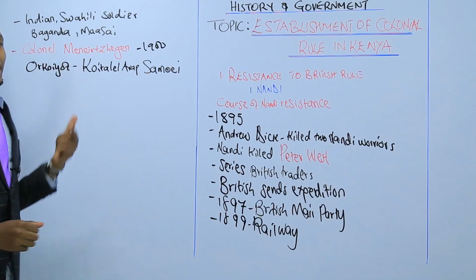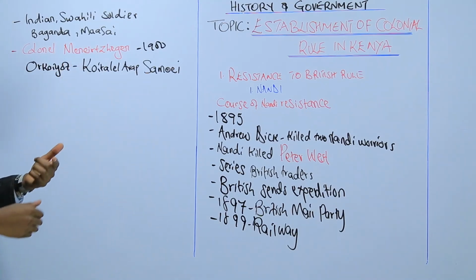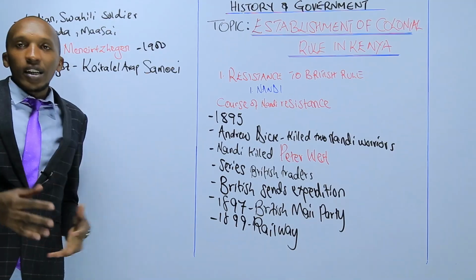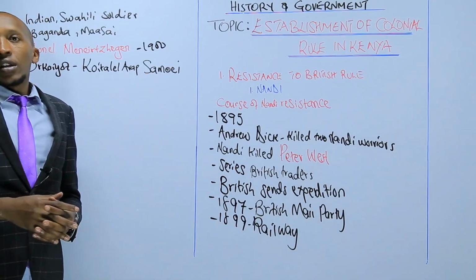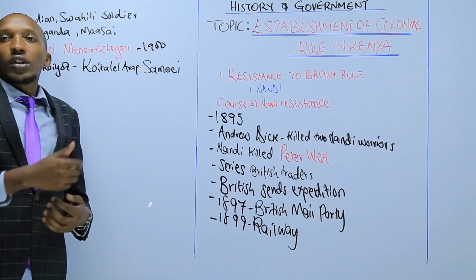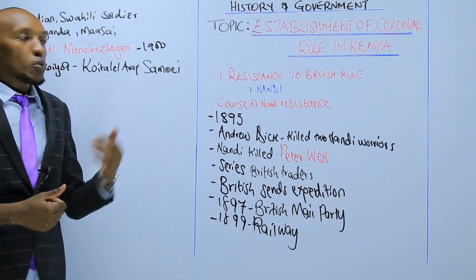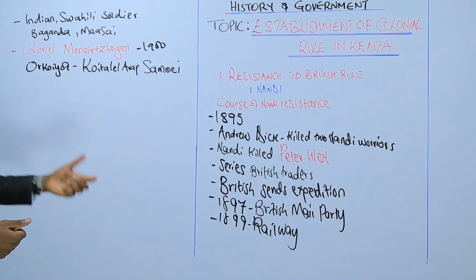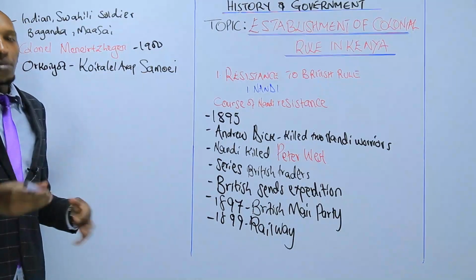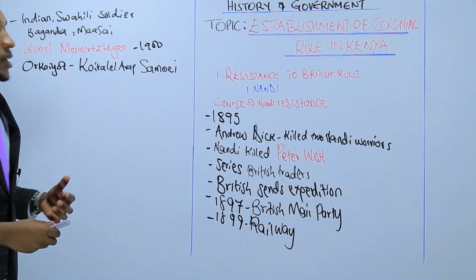So what this man did, he decided to trick Koitalel Arap Samoei with the other leaders into a meeting, in the pretense of trying to discuss a way out. But what he intended was to execute, and actually he executed Koitalel Arap Samoei along with some other leaders.